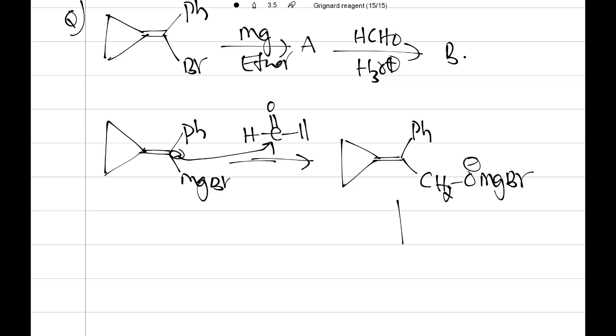Followed by reaction with water, we can get the alcohol. Here we are using formaldehyde, so we can get the primary alcohol. This is the product of the reaction.